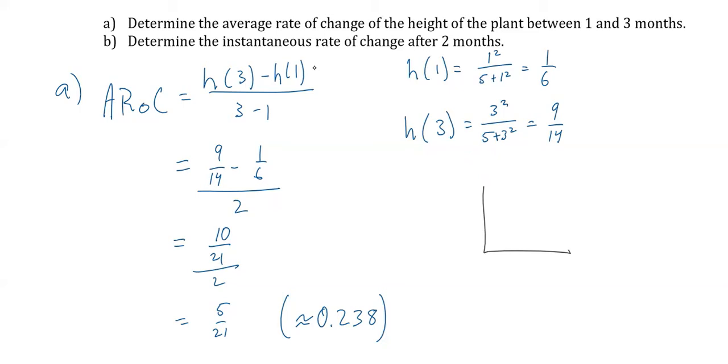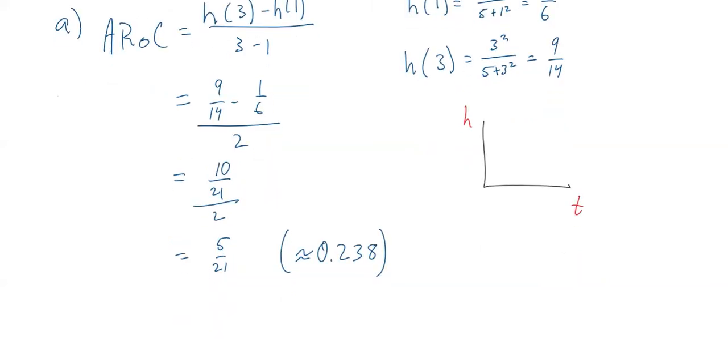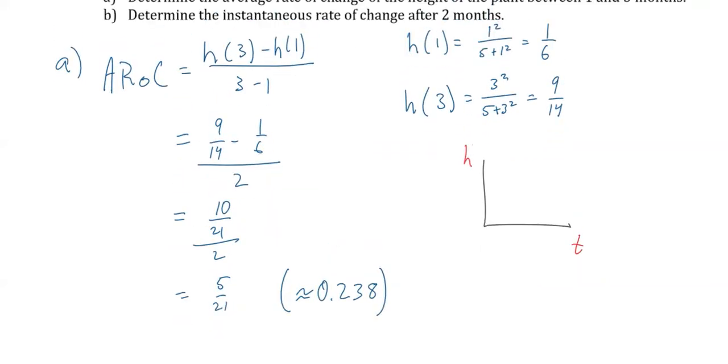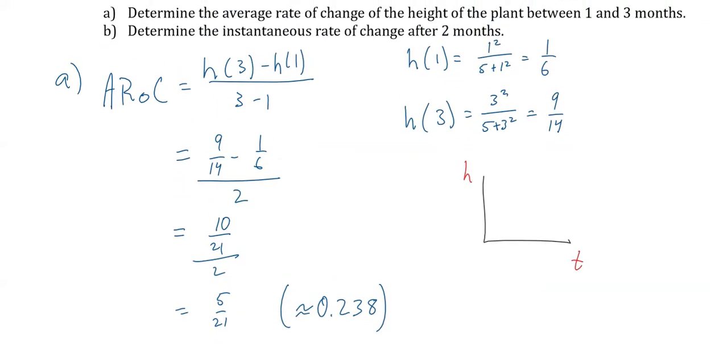This is height, and this is time. Height is in meters, time is in months. So meters per month. From month 1 to month 3, that's 2 months. It grew an average of 0.238 meters per month. Easy enough, right? I hope.